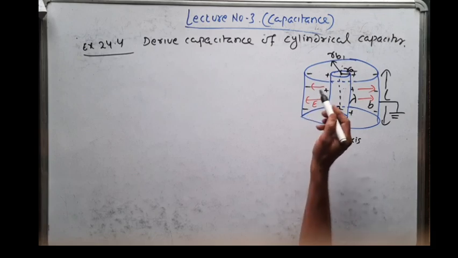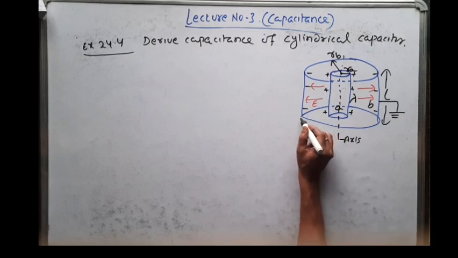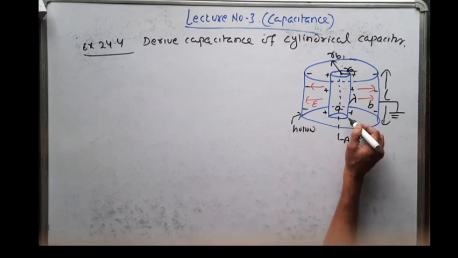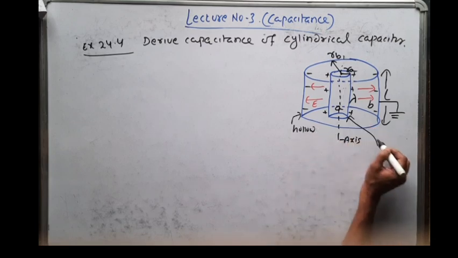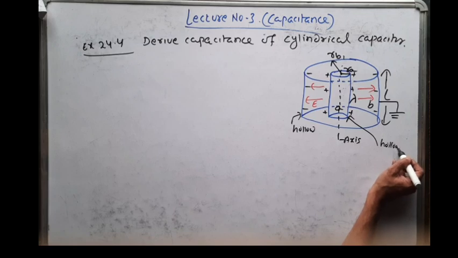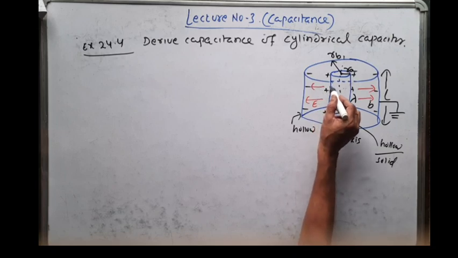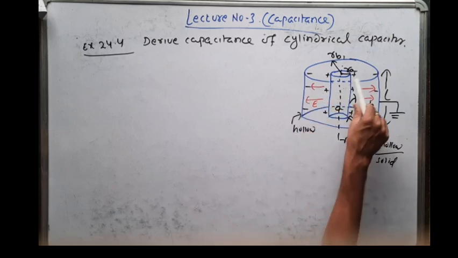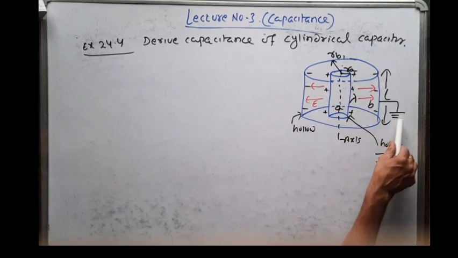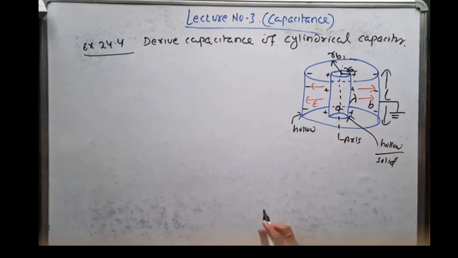Similar to the spherical capacitor, the outer cylinder must be hollow and the inner cylinder may be hollow or solid, so that we can keep a dielectric medium in between the two cylinders. The second cylinder is always connected to the earth to increase its capacitance.